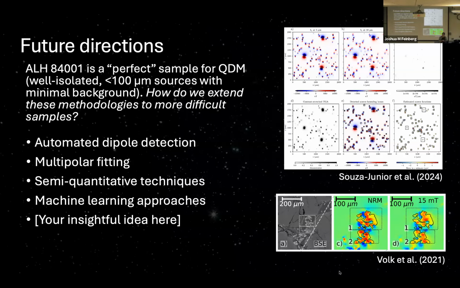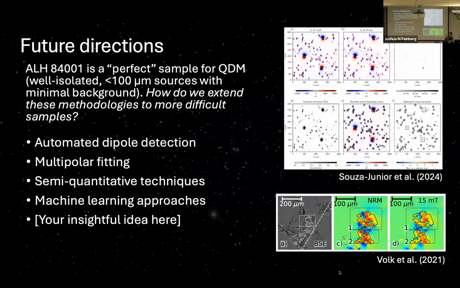I would say, thinking about future directions, of course, there's been a lot of interesting stuff about magnetic microscopy in this session. But in my experience, I felt like ALH 84001 was a perfect sample for QDM. And what would be really cool is if we could extend these approaches to samples that are not as good.